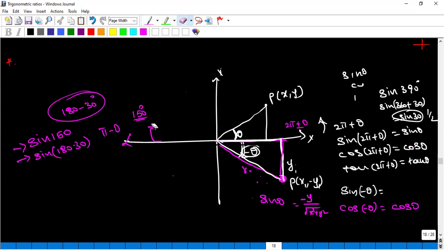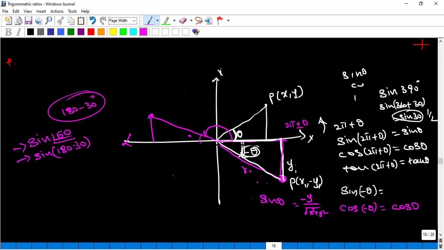Okay, let me assume that the point whatever it is showing is here, 150. I will join it with this. Okay, exactly it is not coming. Let me draw approximately. Then what is the angle? 150 degrees. I'm taking this angle 150.